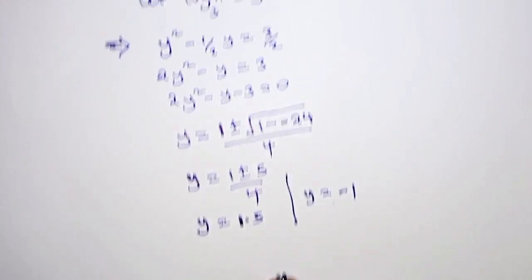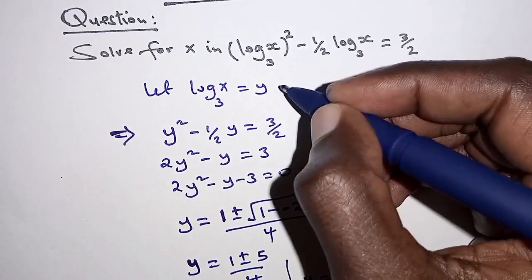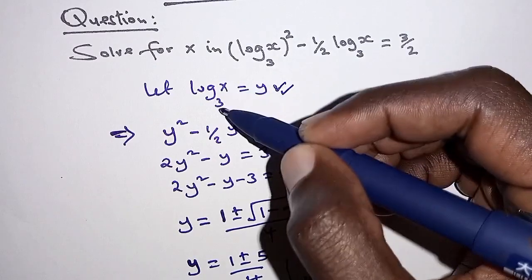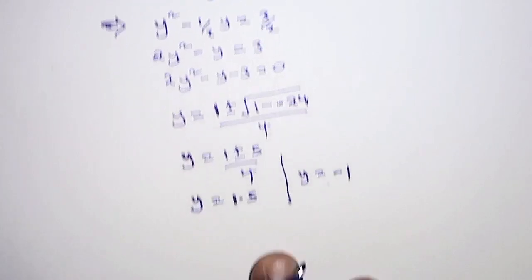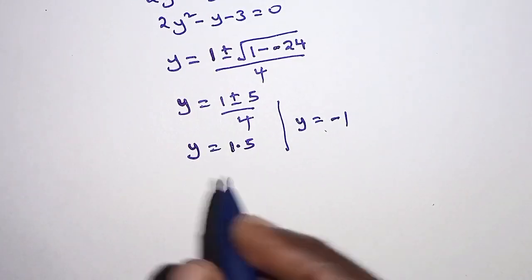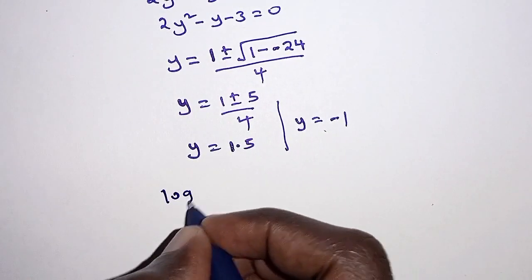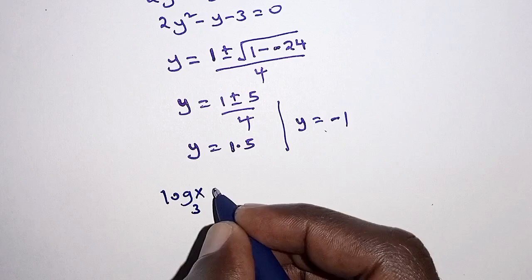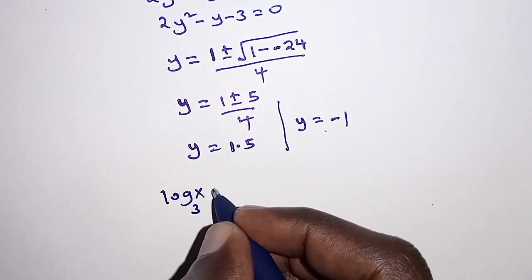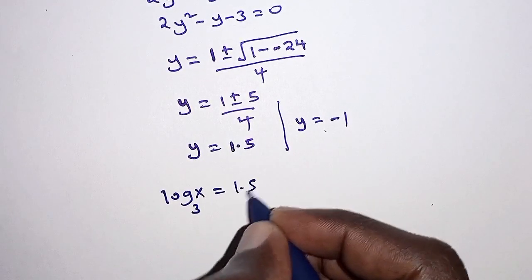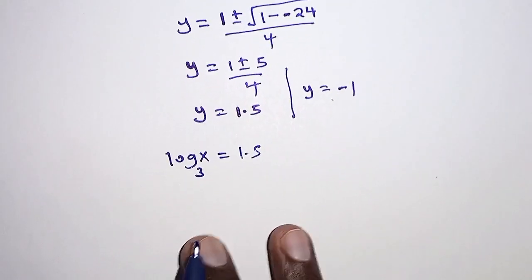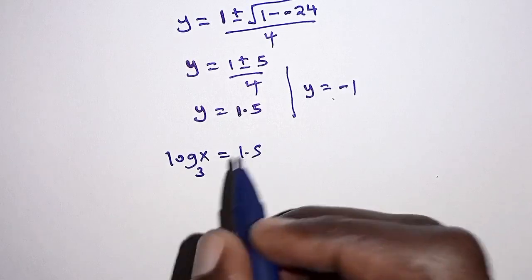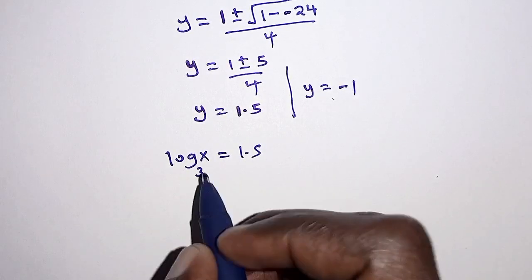So from here, we can then reintroduce this. Remember, we had let log x base 3 be y. So in place of y, we can have log x base 3. And for this first solution, we'll equate it to 1.5. Now we're going to express this equation here in index form.